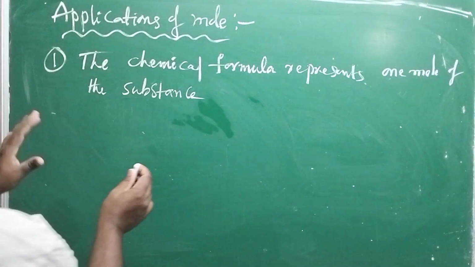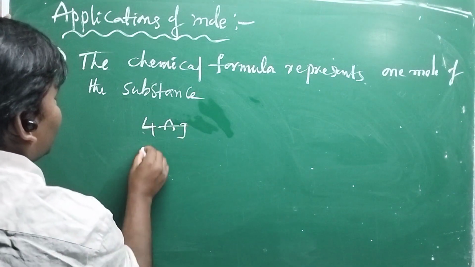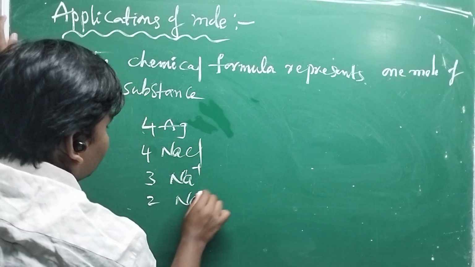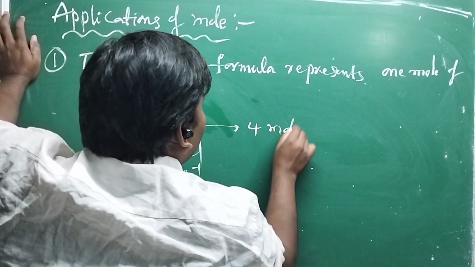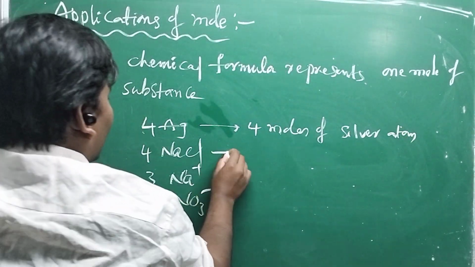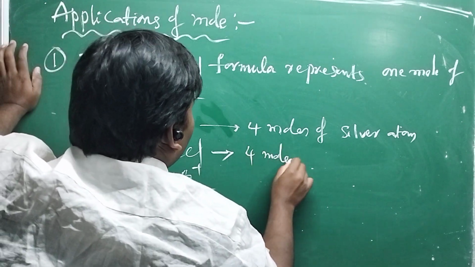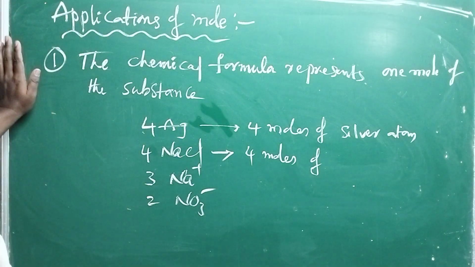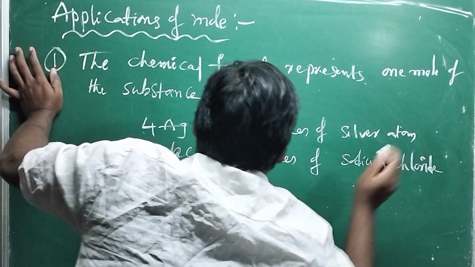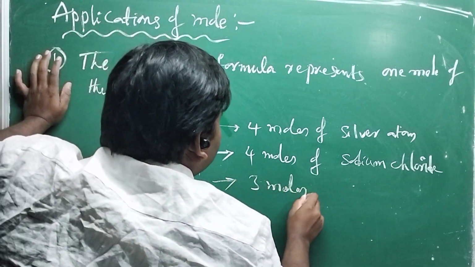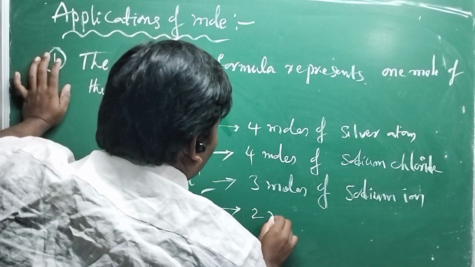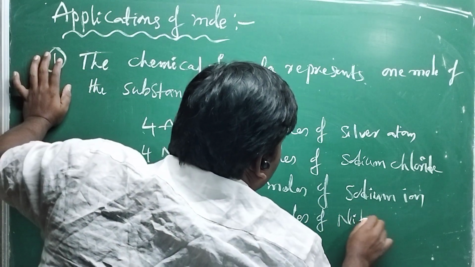For example, if you take 4 Ag, 4 NaCl, or 3 Na plus and 2 NO3 minus ions, this indicates 4 moles of silver atoms, 4 moles of sodium chloride, 3 moles of sodium ions, and 2 moles of nitrate anions.